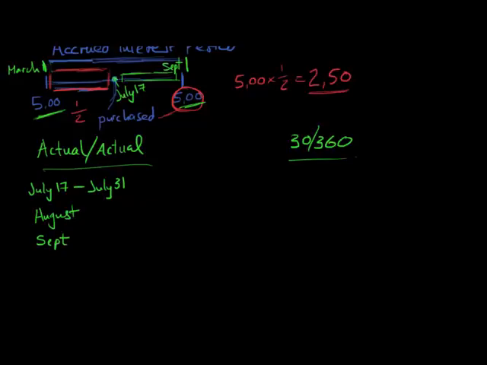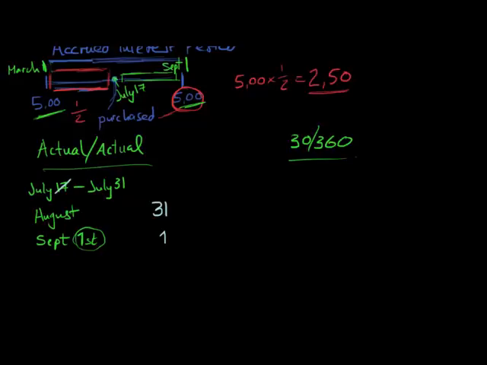Now the convention, if it's paid on September the 1st, is to count the 1st as 1 day. So the payment day counts as 1 day. So the numbers that come out of this are 1 day in September. There are 31 actual days in August, so we're going to count all 31 days. And in July, we are not going to count the day of purchase.